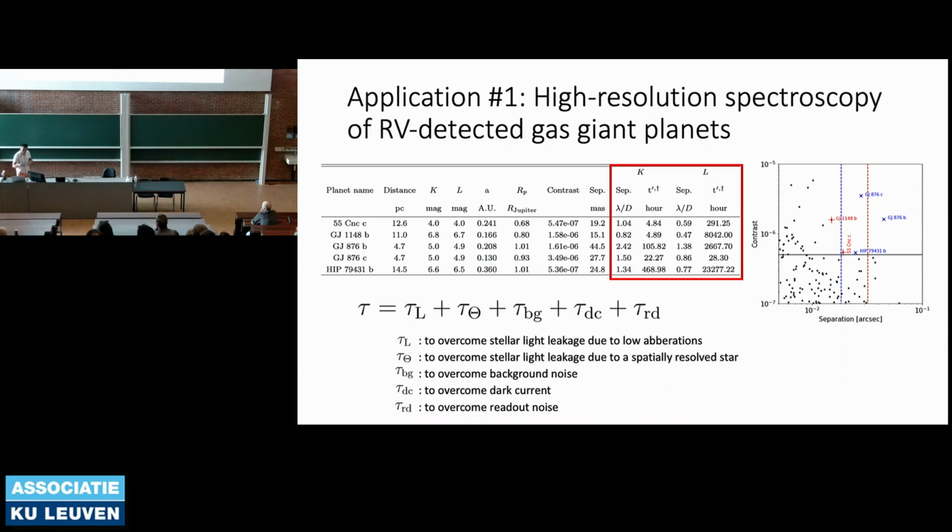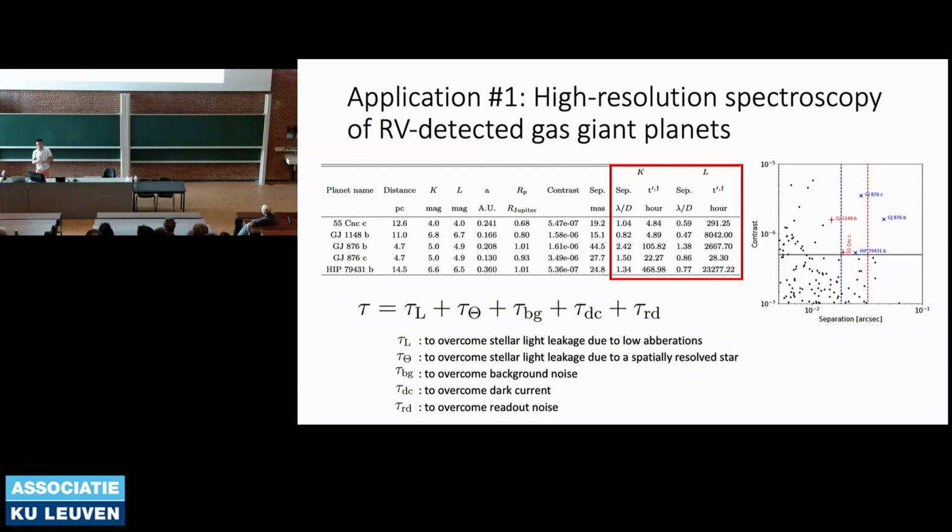And I also have done some calculations to show, okay, if you want to study those radial velocity detected gas giant planets, which are shown in blue and red here, how much time does it take in both K and L band?